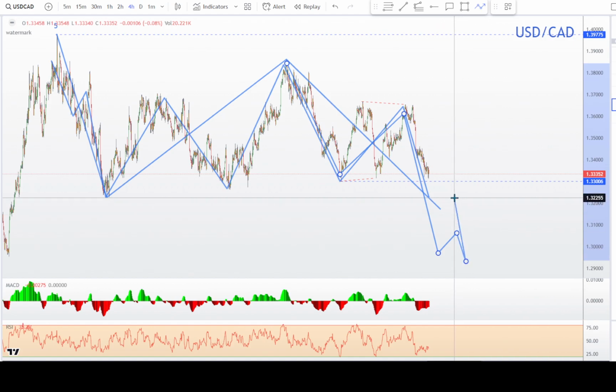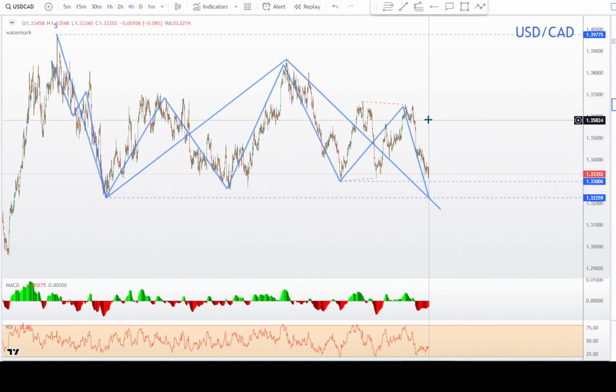So we don't know, but high probability that both of these lows get taken out, and especially this last one, 132. When that gets taken out, if you are selling the USCAD, you've got to be mindful that this correction could be over at that point and could be reversing up.